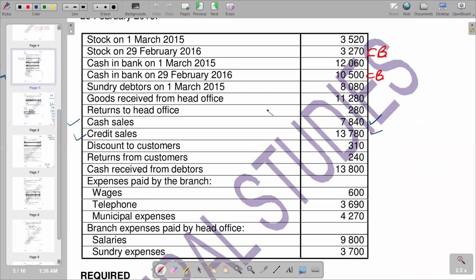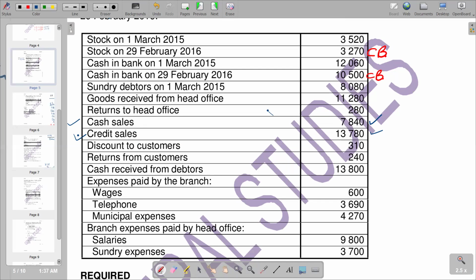We now have returns from customers, 240. So you'll see that we have previously sold the goods to customers, and now they are making returns. From the point of view of the double entry that we did on the credit sales, we credited the branch stock account and debited the branch debtors account.